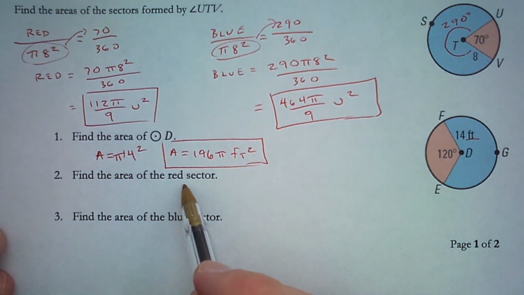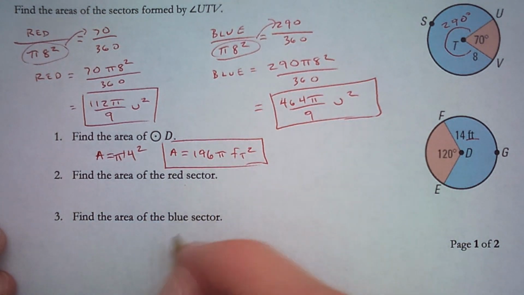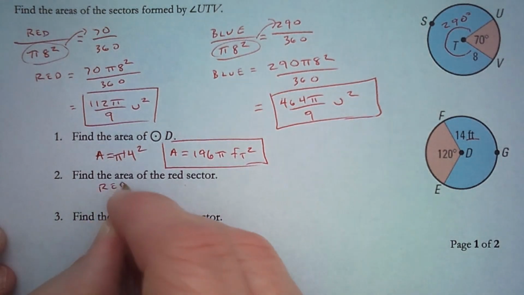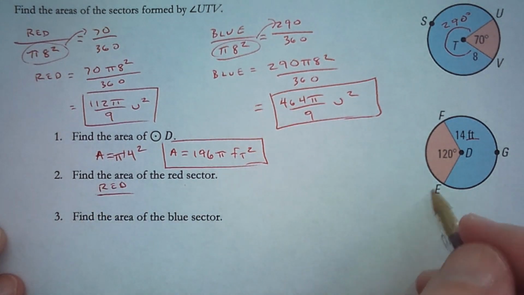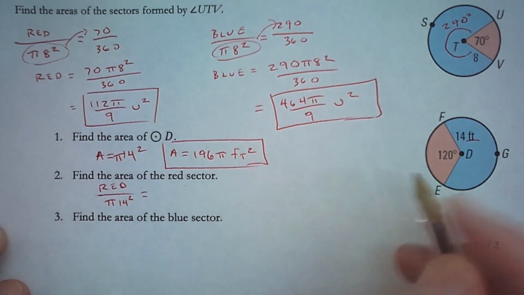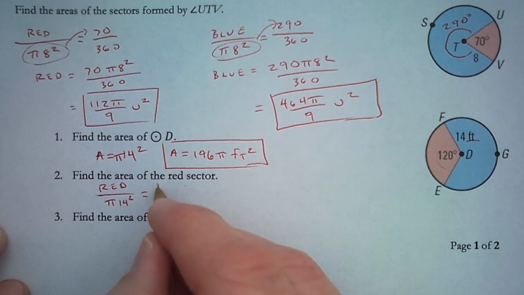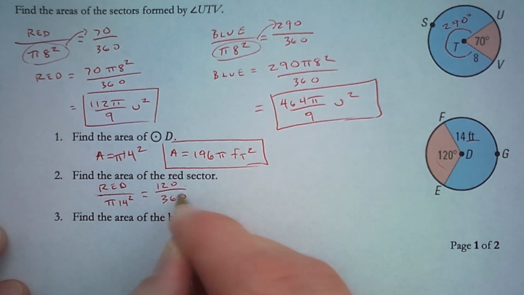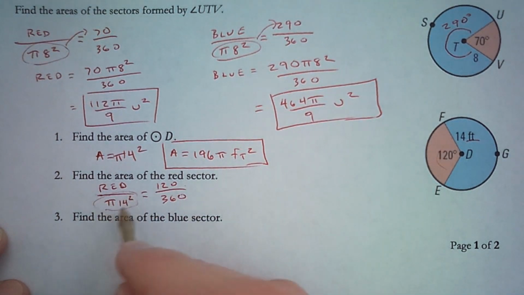Okay, next is the area of the red sector. It's the red area over the area of the entire circle, which is pi 14 squared, equals the number of degrees in the red sector, which is 120, over 360. So I'm going to multiply this across.